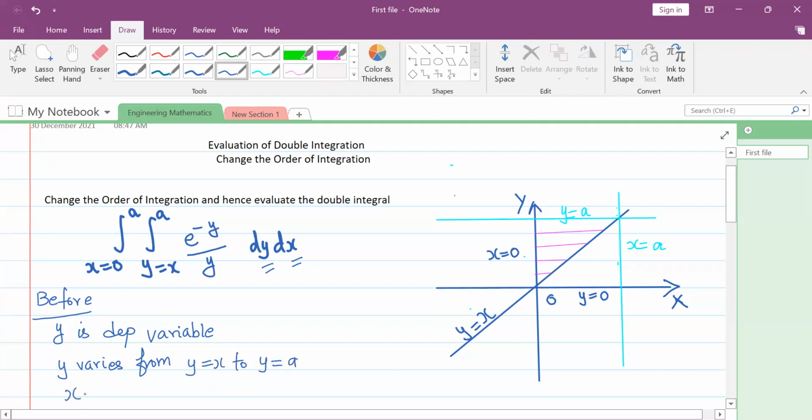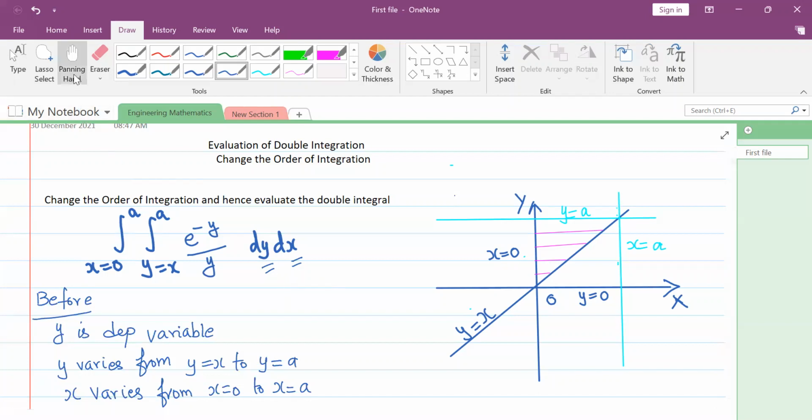And the outer integral, which corresponds to the variable x, varies from x is equal to 0 to x is equal to a. So now what I have done is written whatever is given in the problem statement.